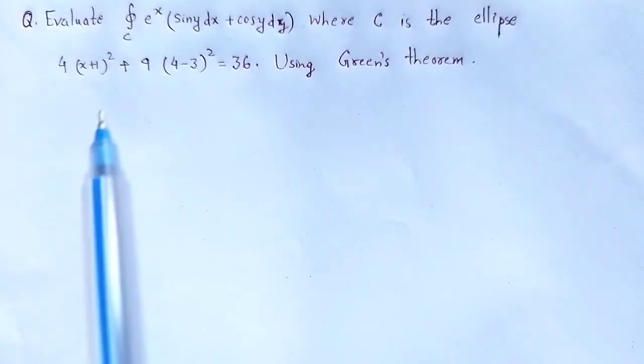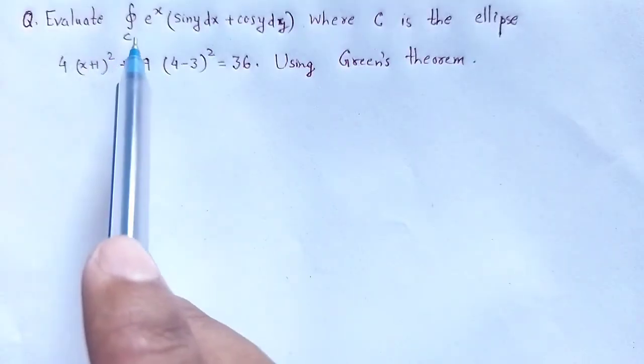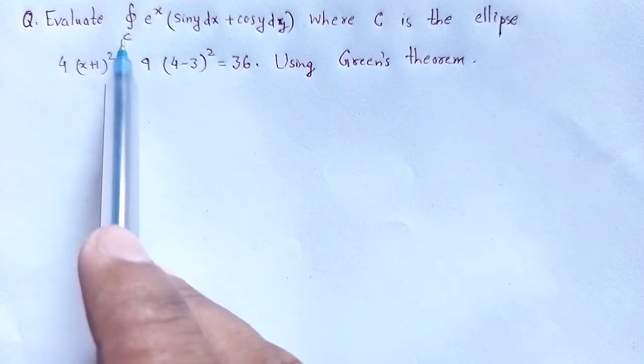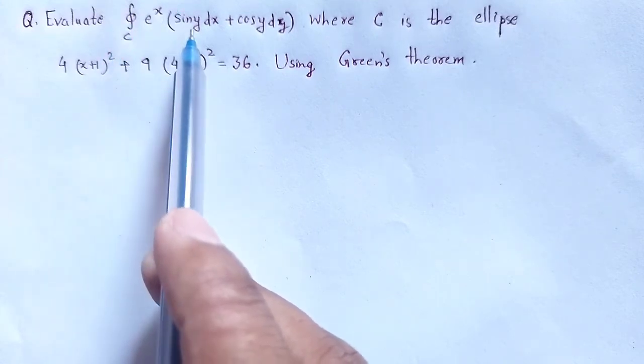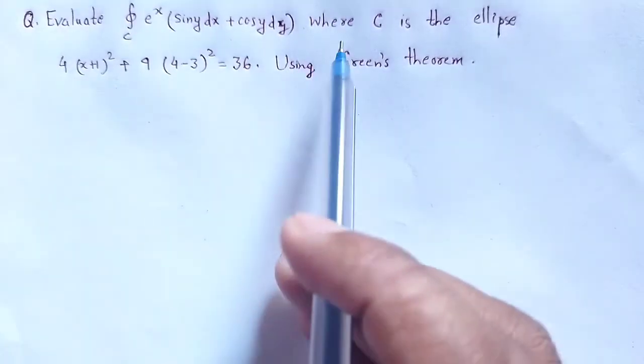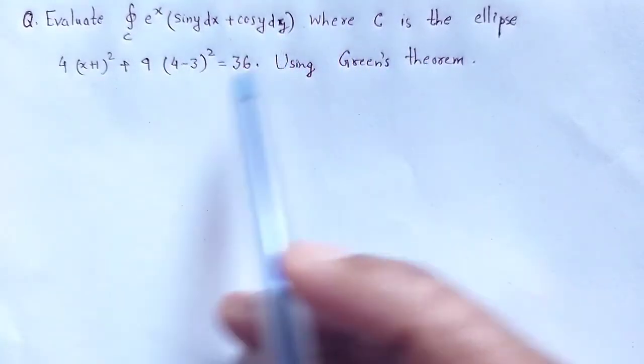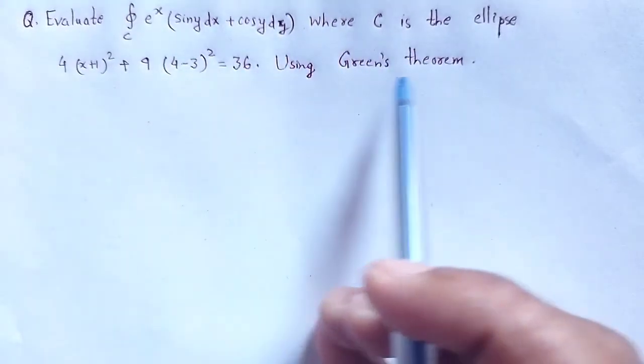Let us take question number 1. Evaluate the closed curve integration over c of e to the power x sin y dx plus cos y dy, where c is an ellipse, using Green's theorem.